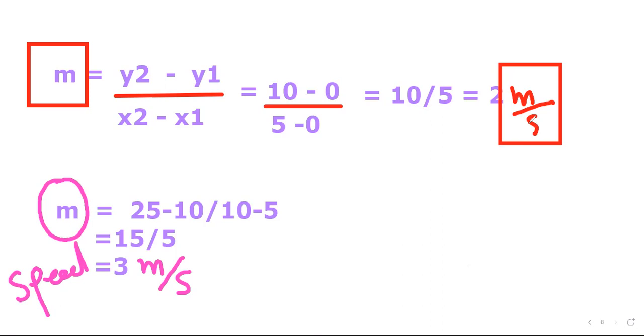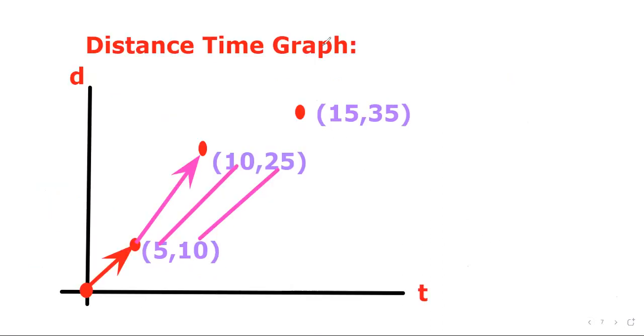So let's calculate for the next interval. Let's consider the third one, this one. For this interval you can see y2 minus y1 is 35 minus 25.